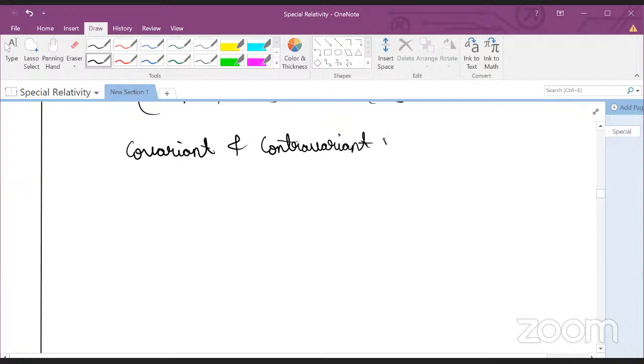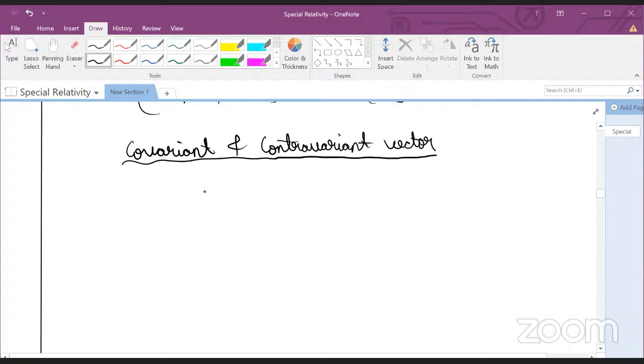Covariant and contravariant vectors are two types of 4 vectors. So there are 2 types of 4 vectors called covariant and contravariant. What does a contravariant 4 vector mean? Now, how do we denote this contravariant 4 vector?